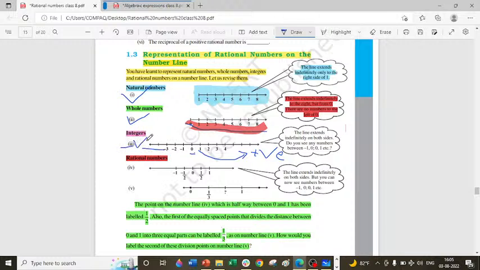We always first put a middle point and make it 0, and then we move to the positive ones, and we keep writing positive integers on the right hand side and negative integers on the left hand side. Let's check what has been written in the bubble given over there.